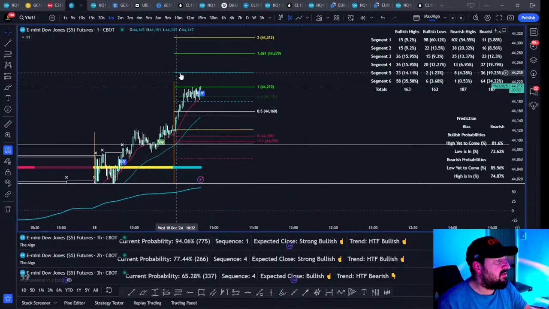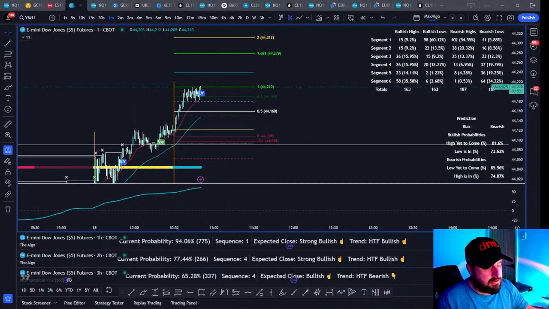Where the price, there's the buy signal. So we'll go on a one-to-one on the buy signal just with less contracts.